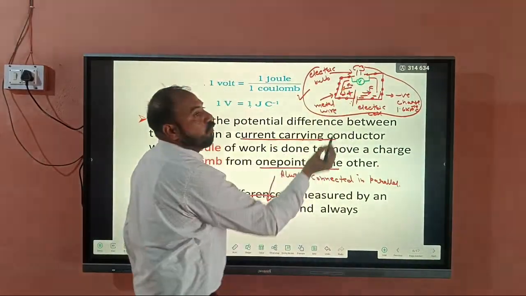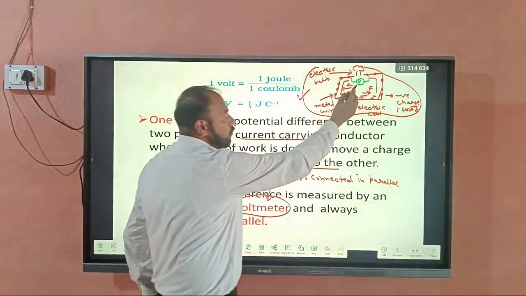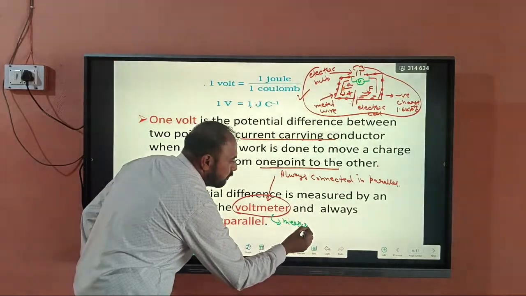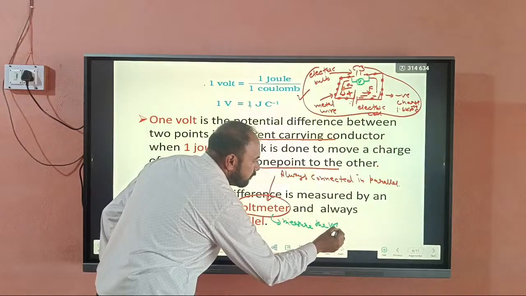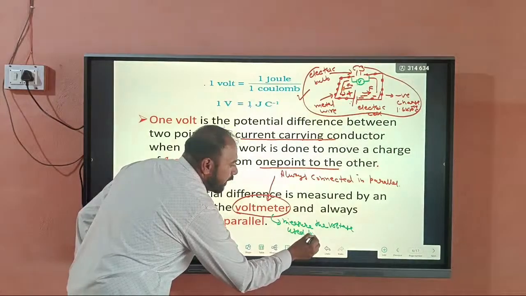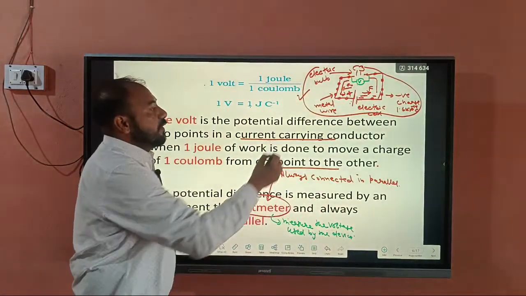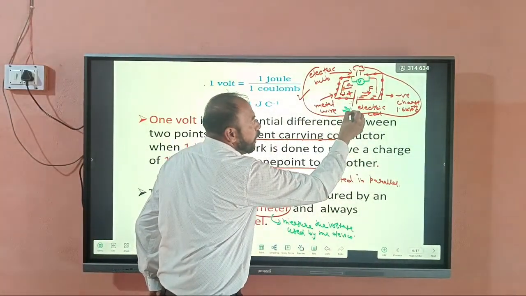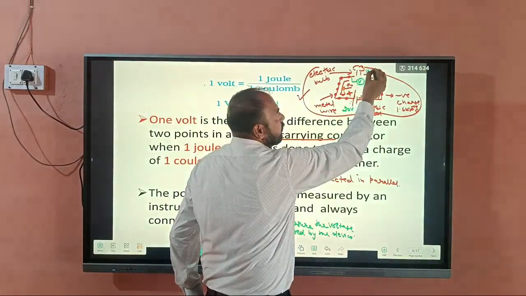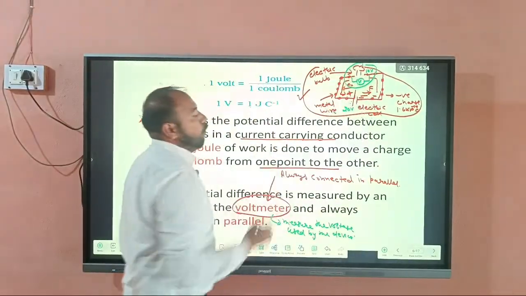The voltmeter is always connected across a device and must be in parallel. The voltmeter measures the voltage used by the device. For example, if the cell is 20 volt, this electric bulb may use 10 volt, and the voltmeter gives the exact reading of the voltage.